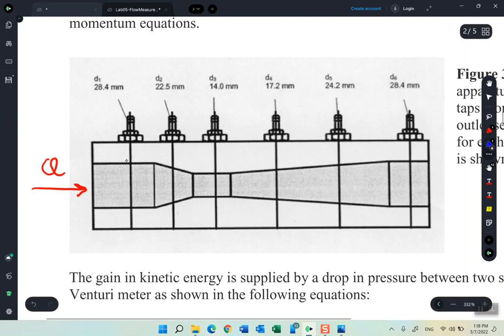It enters this section before constricting, or before having the contraction, to a smaller section. Then it comes back to the large section. But what we are interested in specifically is section number 1, which is the large section, and section number 3, which is the small section.